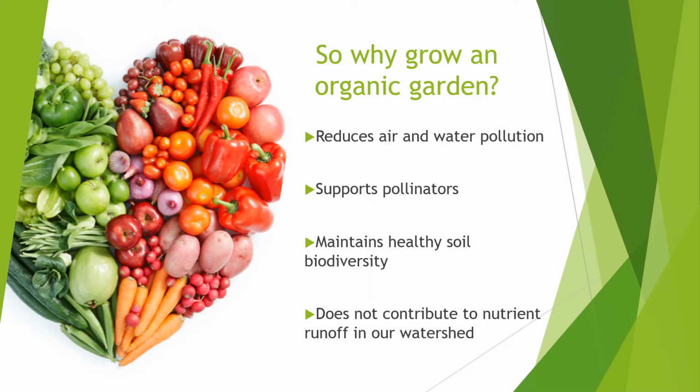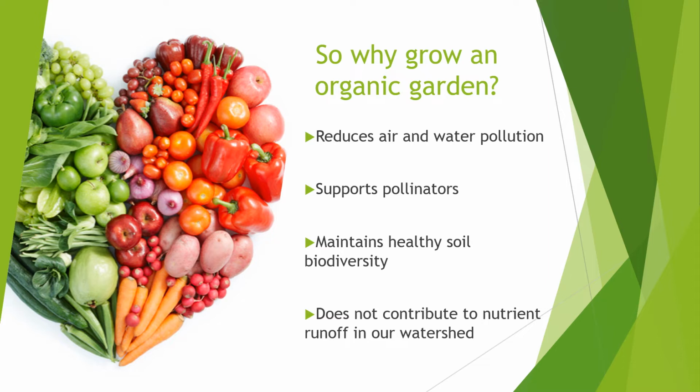So why should we implement organic gardening in our lives? Well, there's lots of reasons to consider growing an organic garden. So one, by avoiding the use of chemical pesticides and fertilizers, we are ensuring that we're not contributing to pollution in our air and our water. So for example, in conventional agriculture, when we lay down lots of fertilizer, it's washed off of all of those plants.